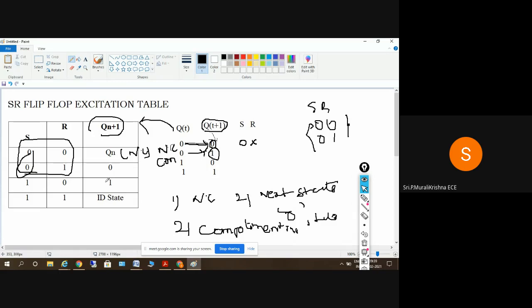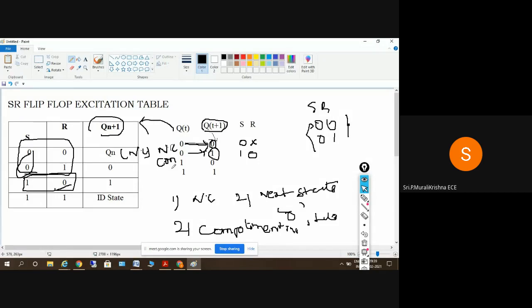So for 1 0, q of n plus 1 is equal to 1 here. Because there is no complementing state here, it is an indeterminate state, so we don't have a complementing state here. So only the values of S and R will be 1 0. So that is the second combination, clear?